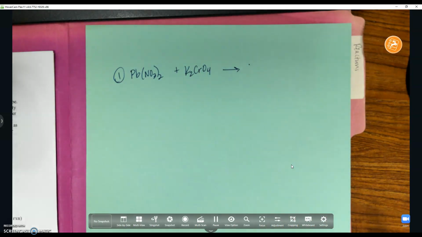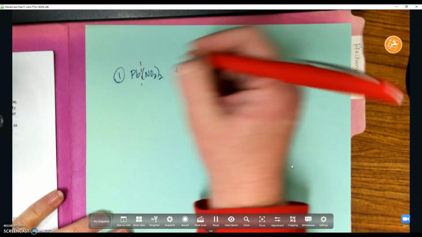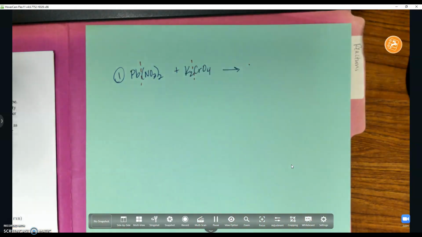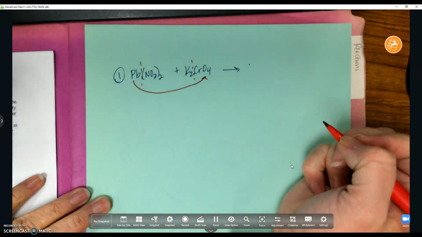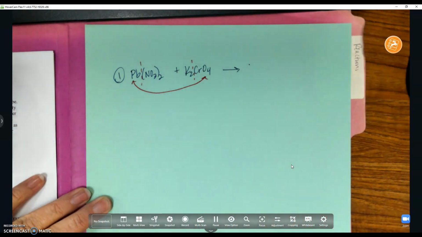So first of all, if you're struggling with this, it might behoove you, before you get to switching partners, to go ahead and separate for yourself the cation from the anion of each compound. Remember, the outside of each of these is going to create a new compound, and we always leave the metal first.